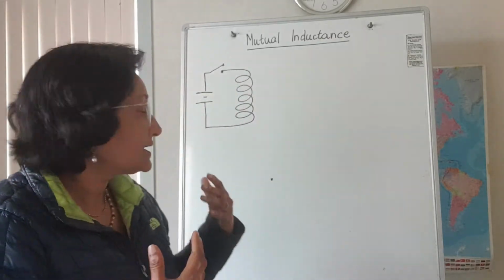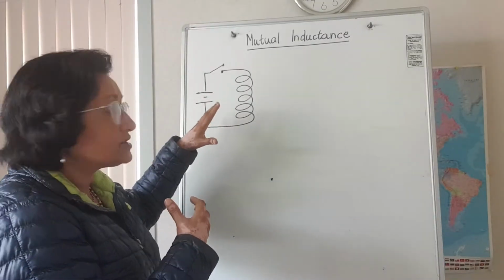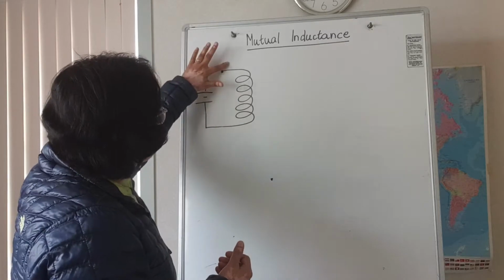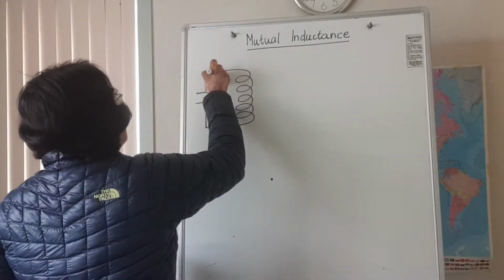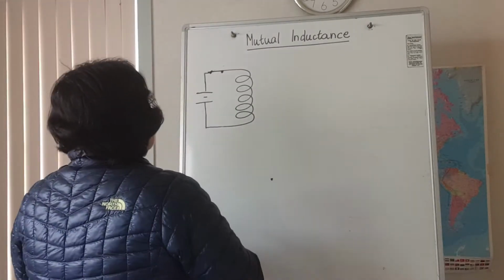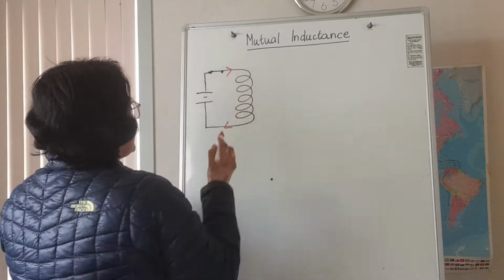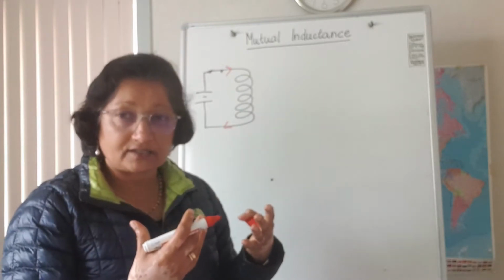So let's say you've got this coil and it has some source of power. It's connected to, let's say, a DC supply, and when you close that switch, there's going to be a current through that coil. The current through the coil will have a magnetic field, or lines of flux.